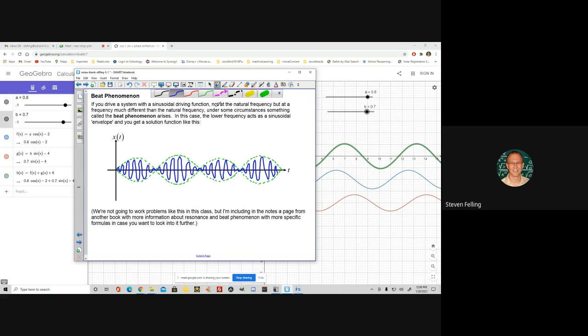But if you drive a system where the function is some integer fraction of the natural frequency, much lower, like let's say the natural frequency is 4,000 and you drive it at 4, which is an integer multiple of this, so there's 1,000 of these in this, right? 1,000 of these in this.